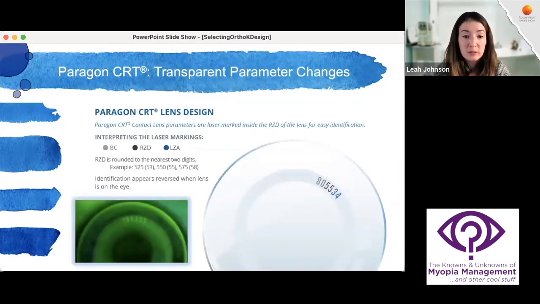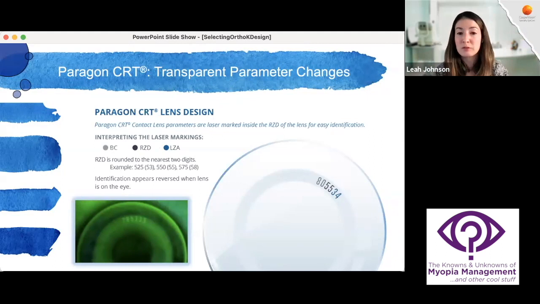So another great reason to fit Paragon CRT is that we are the only lens with transparent lens parameter changes. So we engrave the parameters on the lens, and this will help you in so many ways. We have our base curve, our return zone depth, and our landing zone angle, all the parameters you need to fit that lens. And it's going to ensure that when the patient comes back, you know that they're wearing the correct parameters.